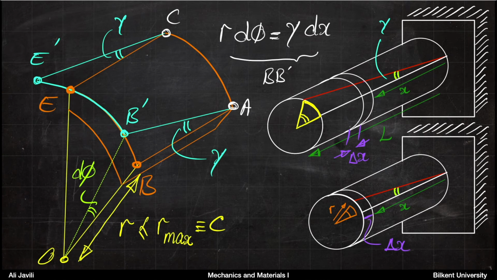Now we play the same game we played before, but only for a little cross section. If you look at this arc length, you can imagine this arc length is the distance r times angle d phi, but it's also equal to the angle gamma times the distance, let's say AB or AB prime, which in this case is dx.